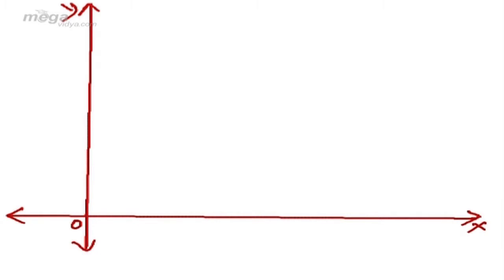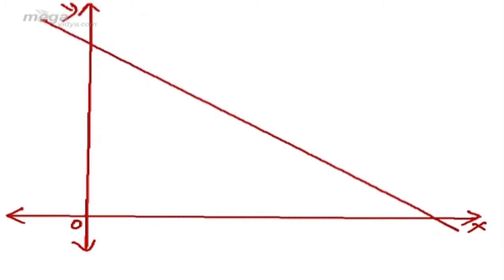And to draw the triangle, now I am drawing the line which will pass through the points (21, 0) and (0, 21). Now student, we will write the equation of this straight line. What will be the equation of the straight line AB?